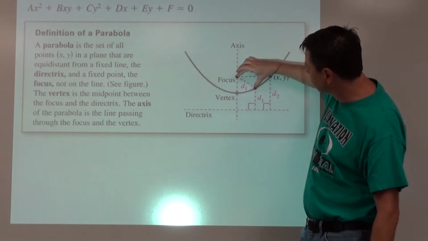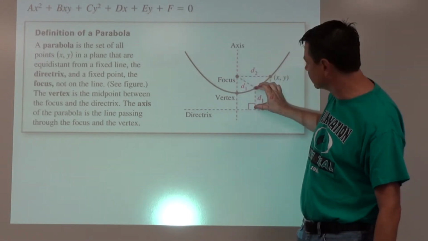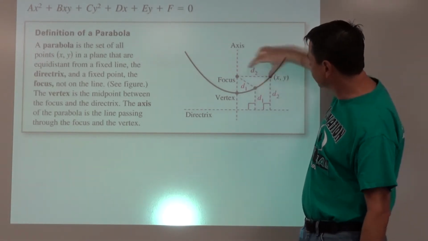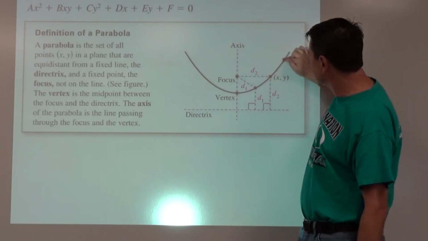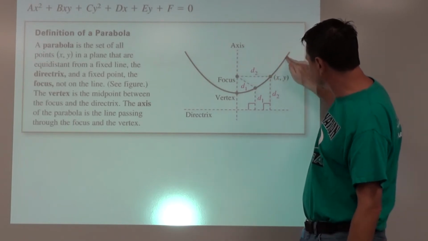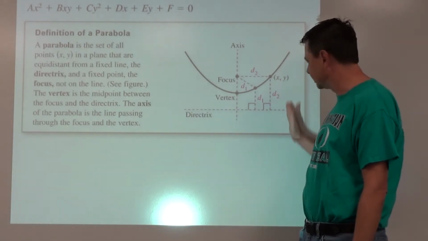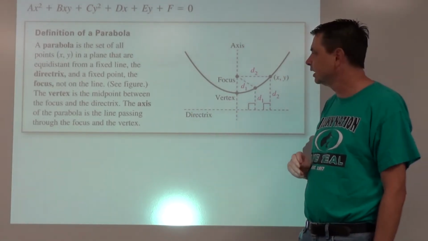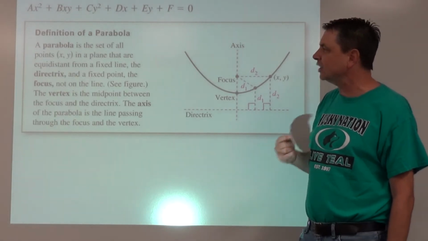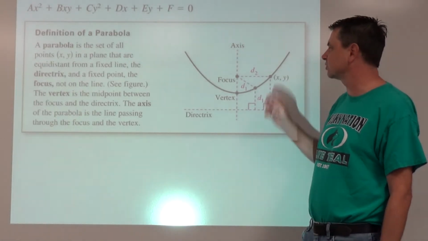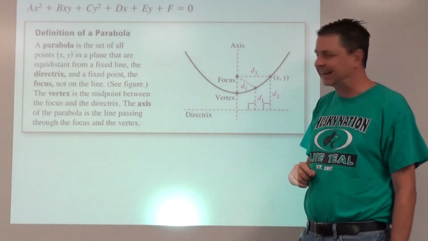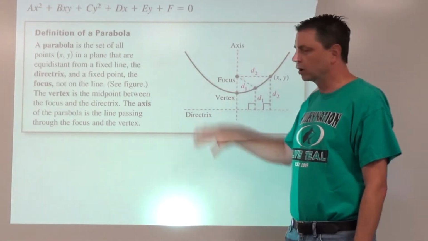At this point, this distance and this distance are the same. At this point, this distance and this distance. Over here, distance and distance. Remember when we go to a line, it's a perpendicular distance. So all those points are the same distance from both, and that drives the work that we're going to do.